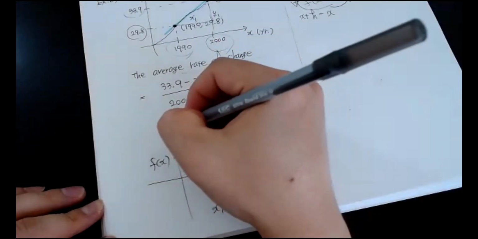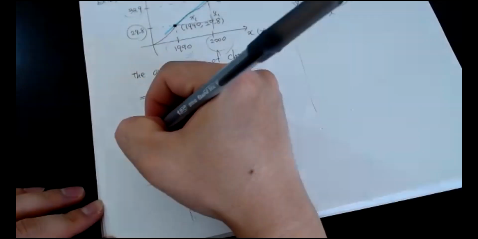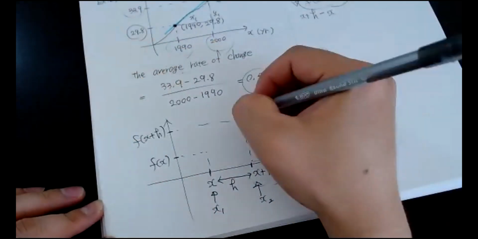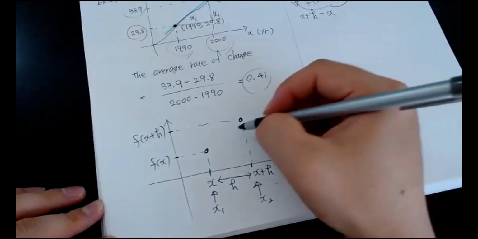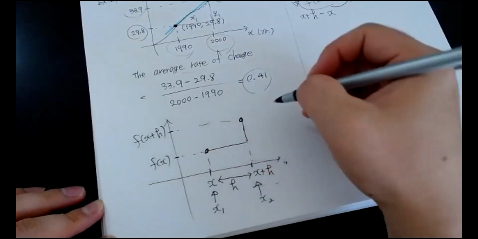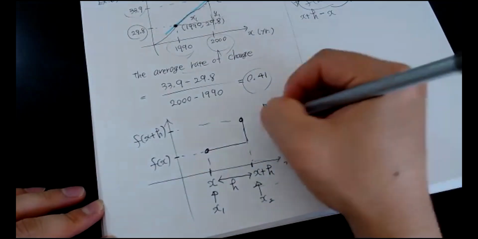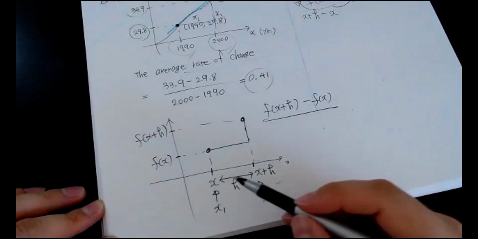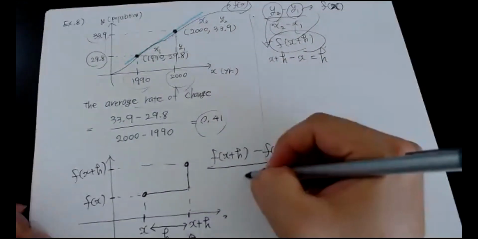The y value corresponding to x plus h is f of x plus h, right? So now the average rate of change is change in y over change in x, which is f of x plus h minus f of x, divided by x plus h minus x, which is h, so the bottom is h.